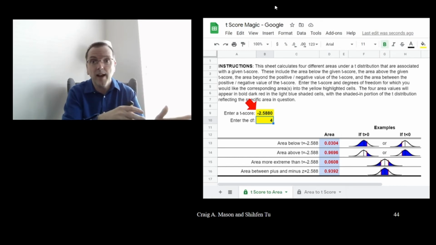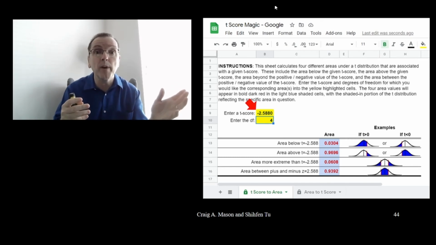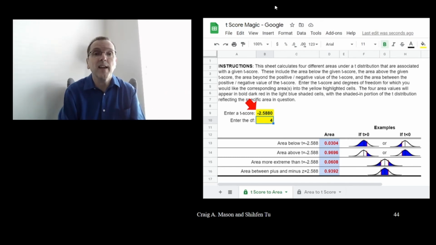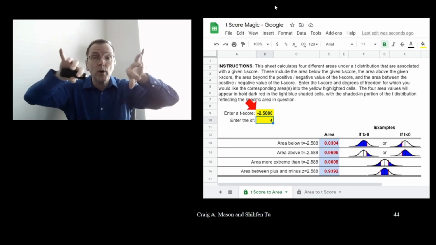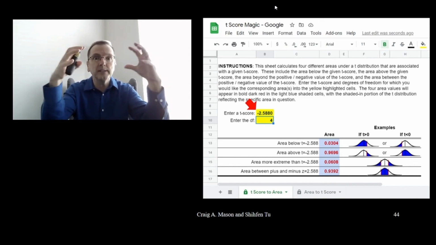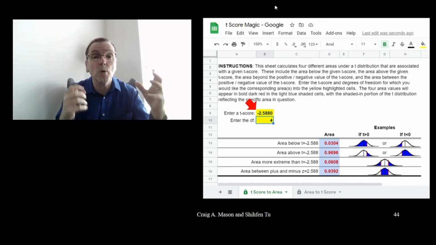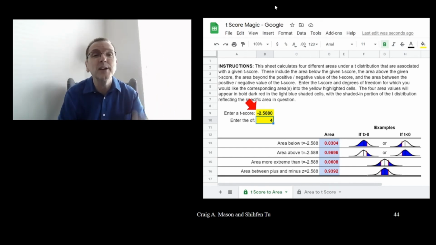The area above or below a t-score of negative 2.588, and the area that's more extreme than plus or minus a t-score of 2.588, and the area that's between a t-score of plus and minus 2.588. All right, you see those 4 different ways.